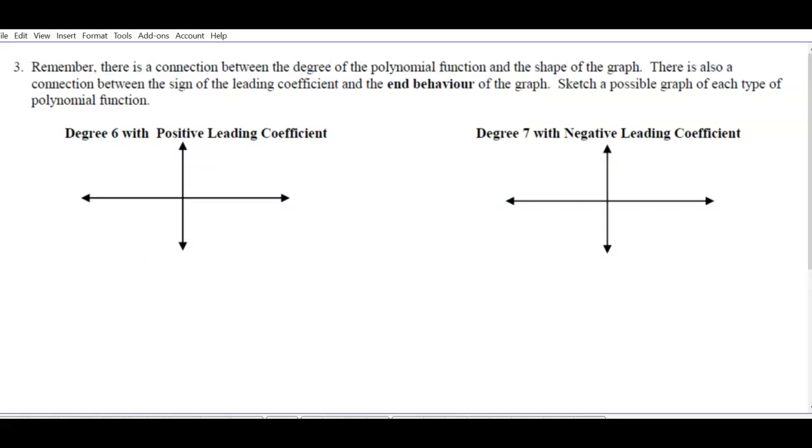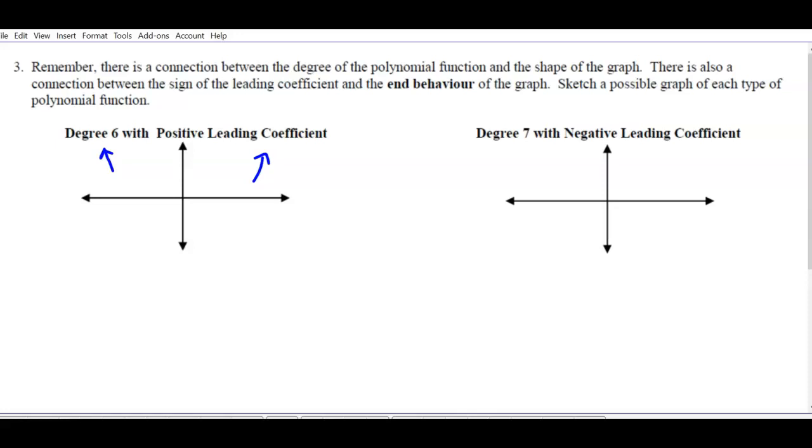Question 3, there's connection between the degree and the shape, connection between the sign of the leading coefficient and the end behavior, sketch a possible graph, so degree 6 with positive leading coefficient, so I know it's going up and to the right at the end. If it's an even degree, then, woohoo, yay, up at the left. Arms are going up, okay?